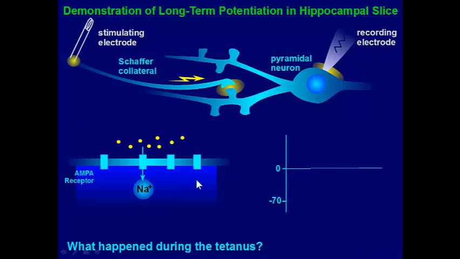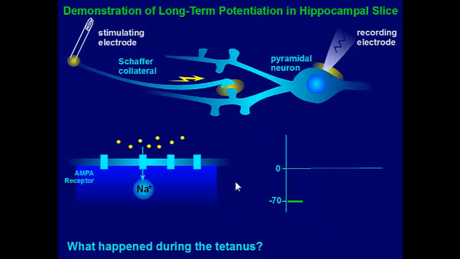Okay, so if we just had one of these simple stimulations here, a little bit of glutamate is released, a little bit of sodium comes in, and this depolarization, the sodium ions, they diffuse to the cell body, and the depolarization is picked up here by the recording electrode as an excitatory postsynaptic potential. I'm going to show that here now.